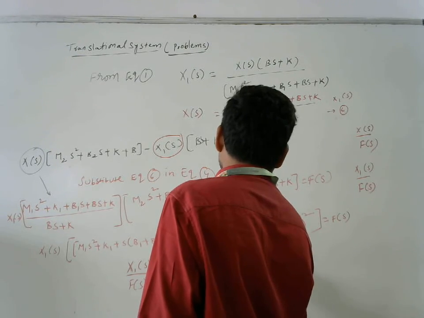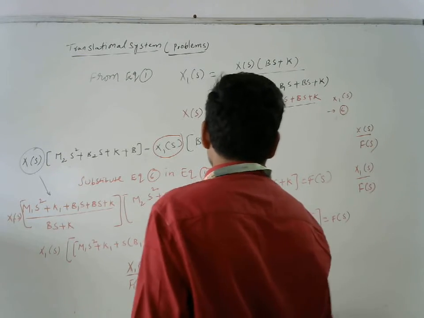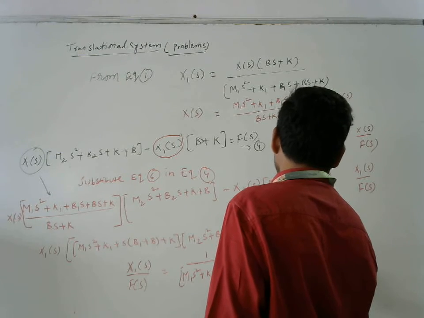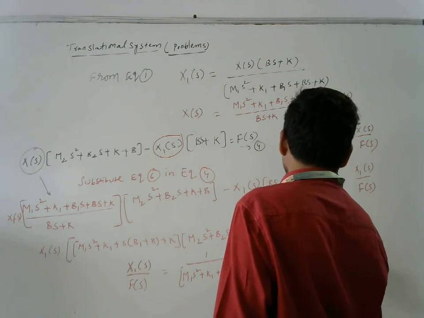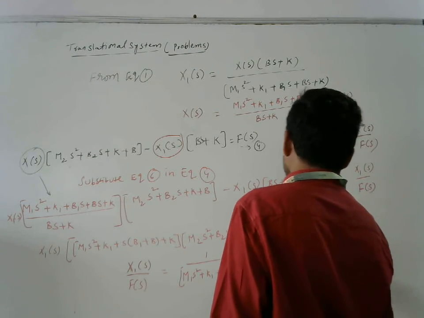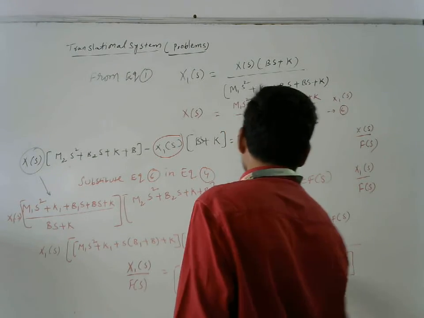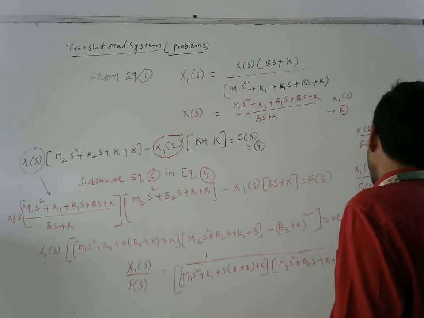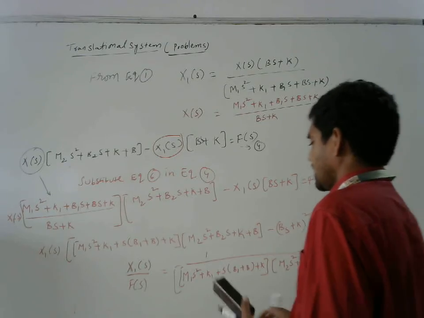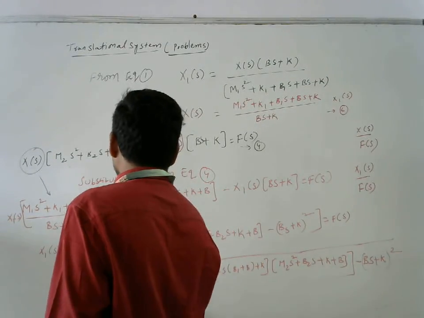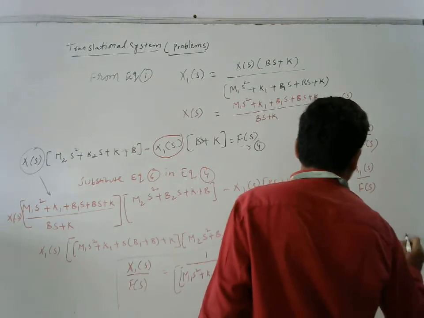Just once if you listen and practice, any number of problems we can do very easily. We have to know how to write down the differential equation, and once you have the differential equation, you need to know how to apply the Laplace transform.